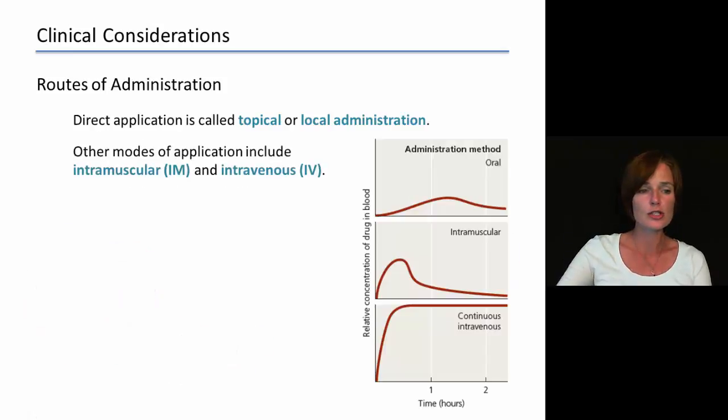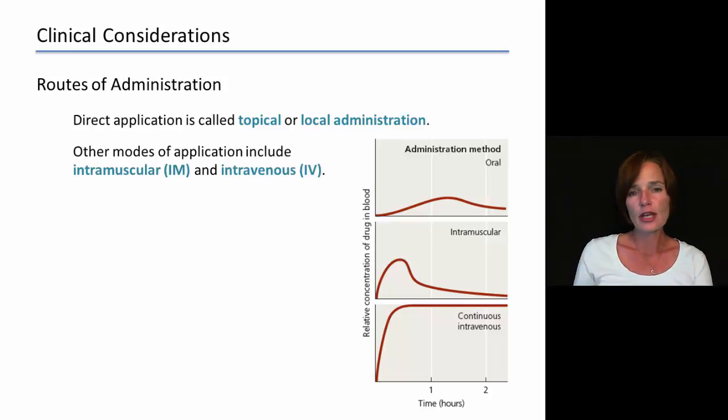Other ways that we can administer different drugs is it can be intramuscular, so IM, or intravenous. So these are either inserting it into the muscle, so that would be with a shot, or we could have an IV that's used. And you can see here what happens with the drug concentrations in the blood depending on the way that the drug is administered.